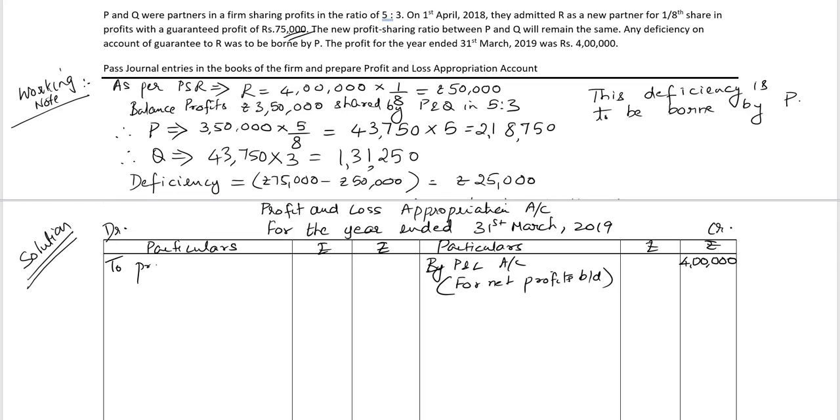So to profits transferred to partners' capital account, P, Q and R.